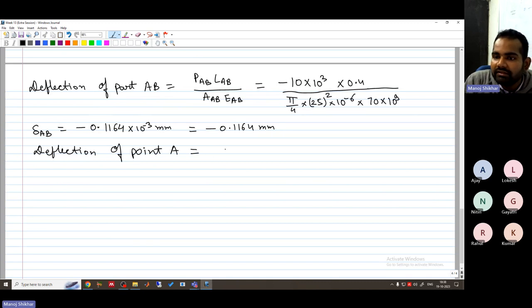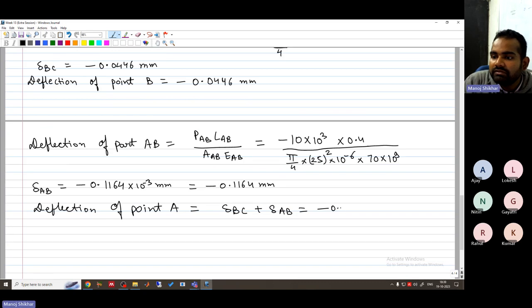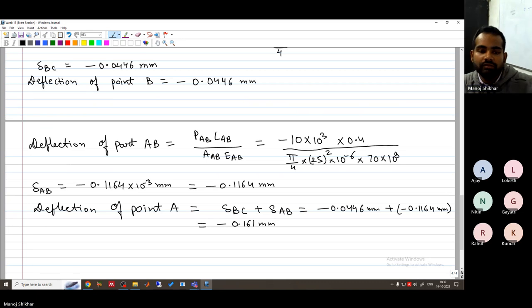So deflection of point A is delta BC plus delta AB equal to minus 0.0446 mm plus minus 0.1164 mm. So this will come out to be minus 0.161 mm. Anyway, so this question is done.